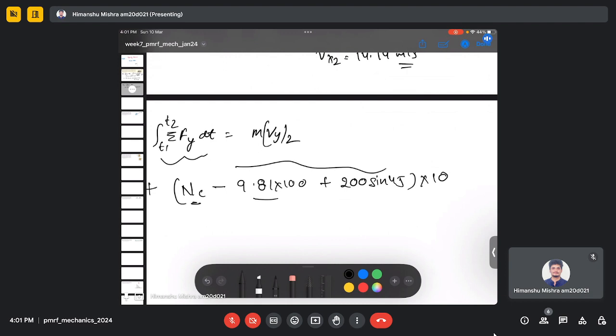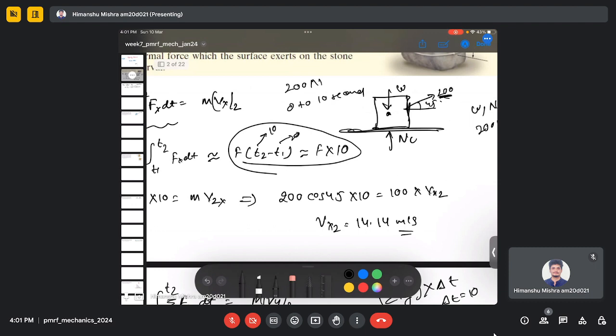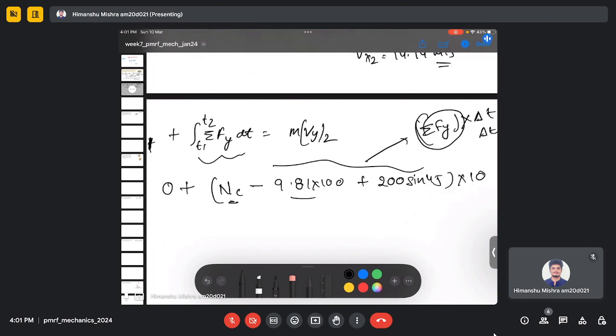Just to recap, I am doing the summation of force multiplied by delta t, and my delta t is 10 seconds. This is the overall summation of the vertical forces, inside this bracket, equal to the change in momentum. Since the stone is not moving in the vertical direction, my final vertical velocity is also 0.